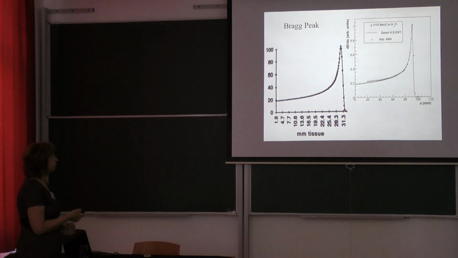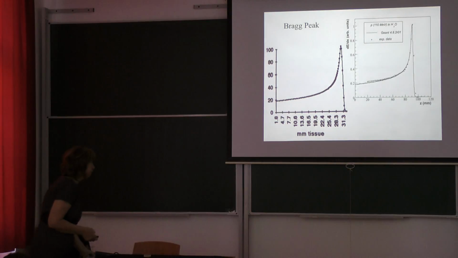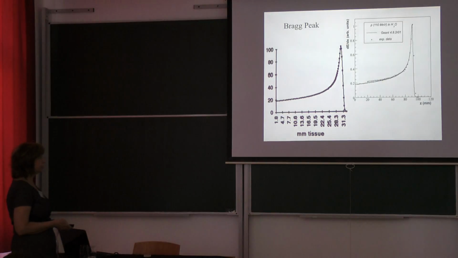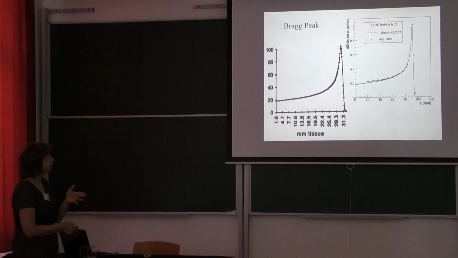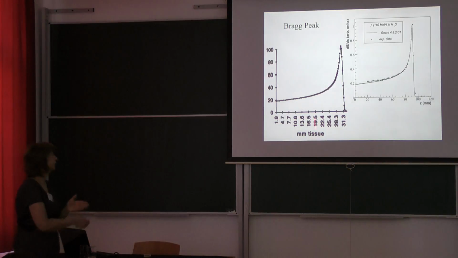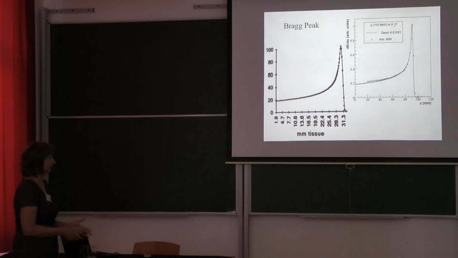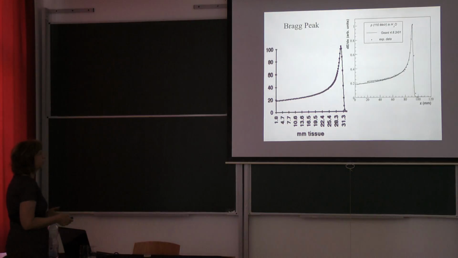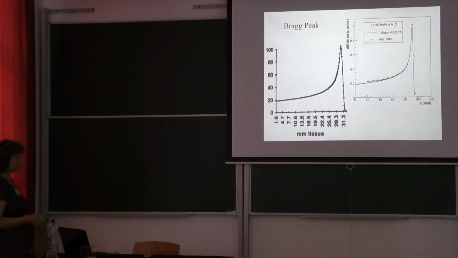This is what I have mentioned, that the charged particle has a favorable depth dose, which is characterized by the Bragg peak, which means that the particle gives its energy during the slowing down process only to a low degree, and at a certain depth, depending on the energy, it gives all of its energy all of a sudden. You can see that different energy protons or charged particles have different penetration depths.